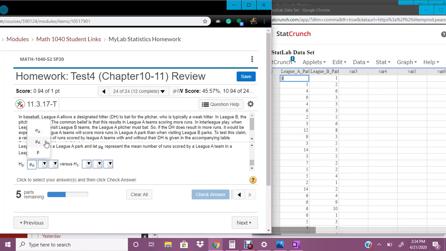So we're talking about means. Our null is always equal to, and then our test hypothesis is what we talked about earlier, that the common belief is that League A scores more. So we're going to do the mean of League A is greater than the mean of League B.